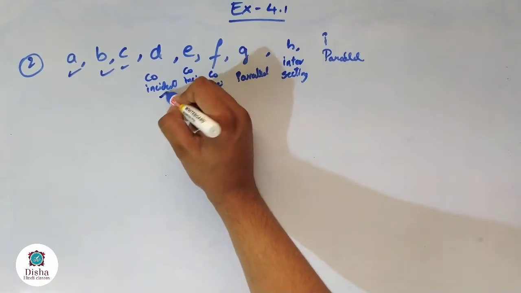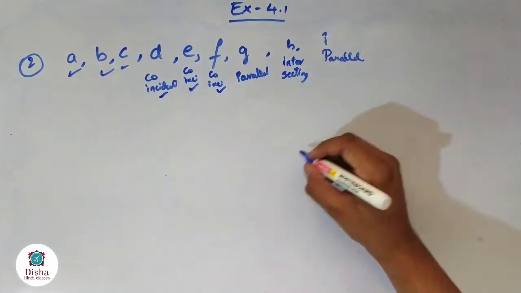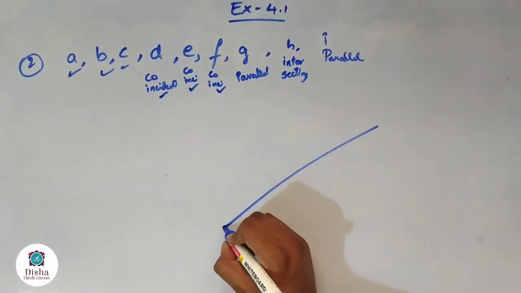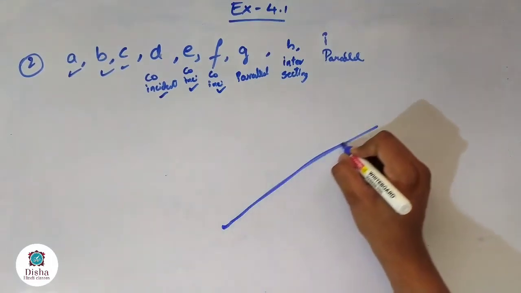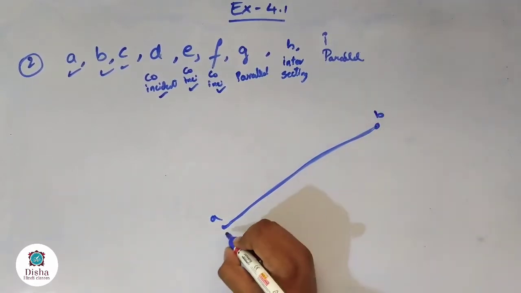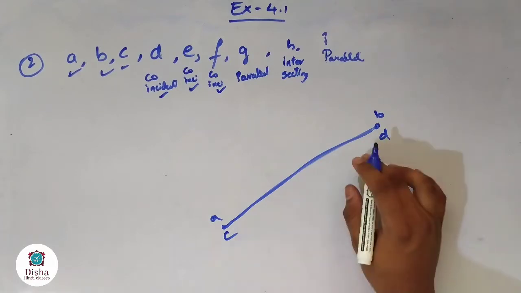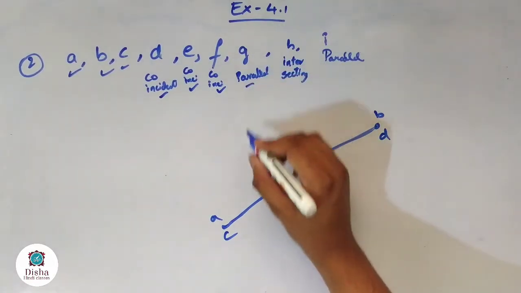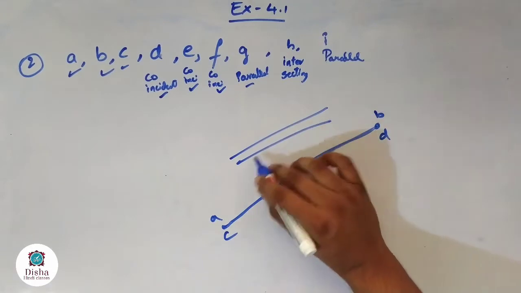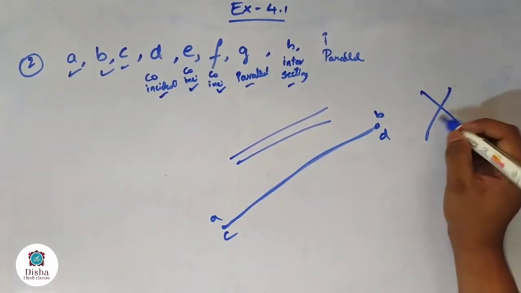So D is coincident, E is also coincident and F is also coincident. Means the lines of the equations will be above each other. So they will be coinciding with each other. So if it is AB line, the CD line will also be the same. So they will be coinciding on the graph. Now G is parallel. Parallel means we have solved that parallel lines. So we'll get this type of lines. H is intersecting. Intersecting means like this.